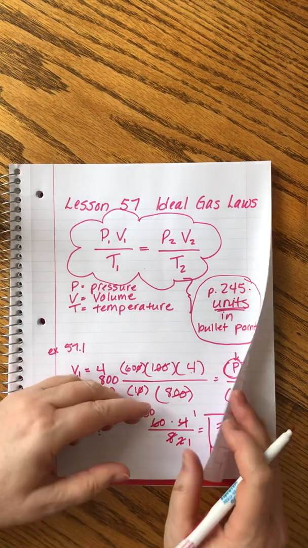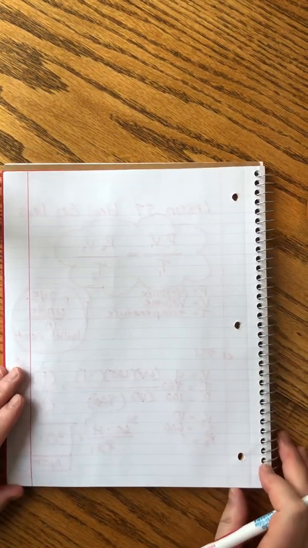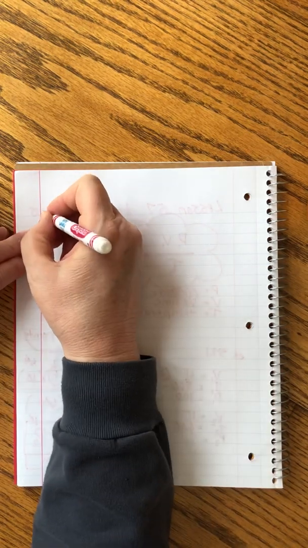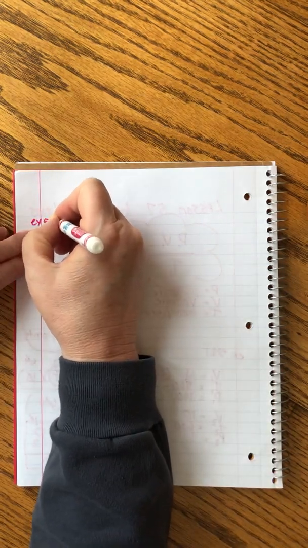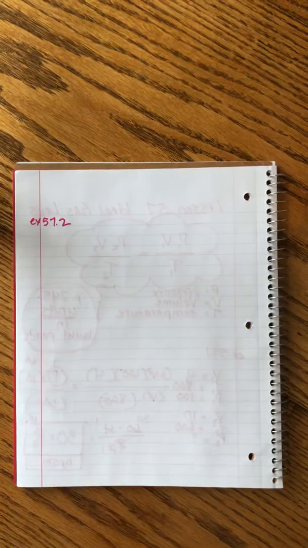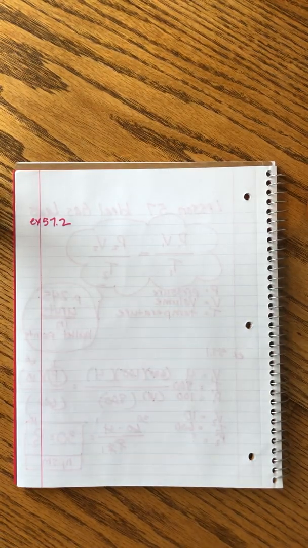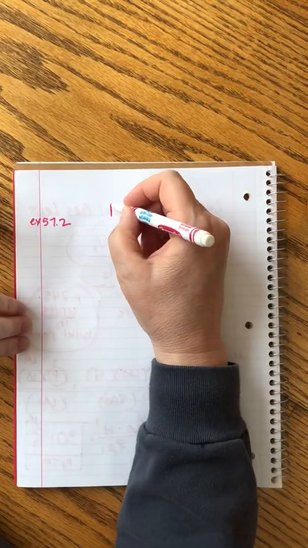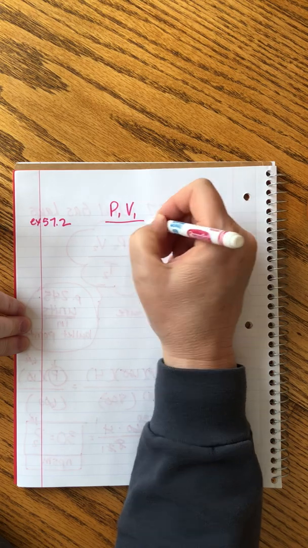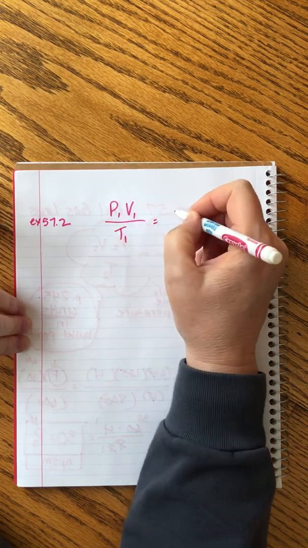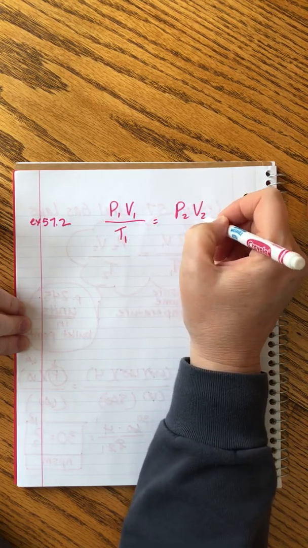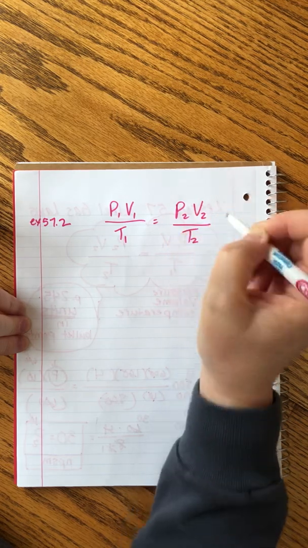Okay? Let's try another example. There are 3 total in this lesson. Okay, example 57.2. From my previous page, so let's write it over. P1, V1, T1 equals P2, V2, T2.